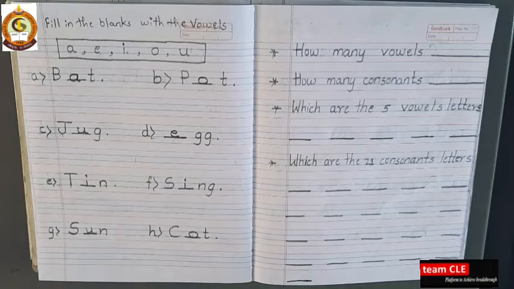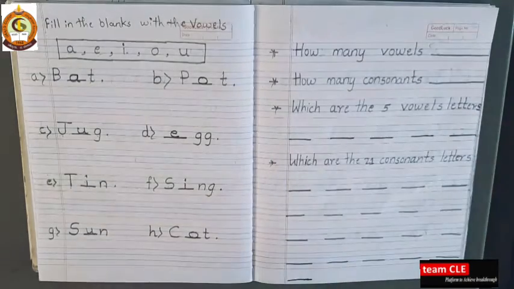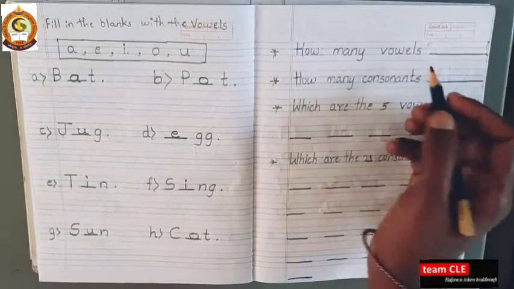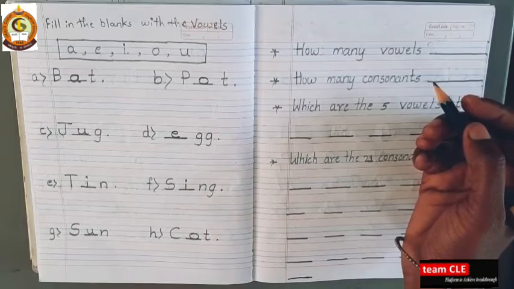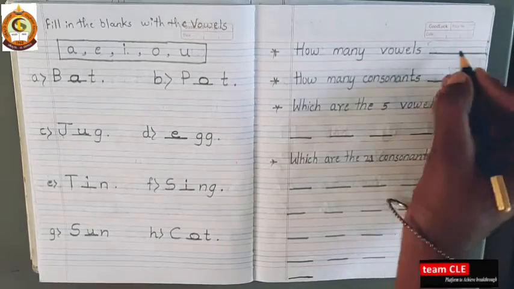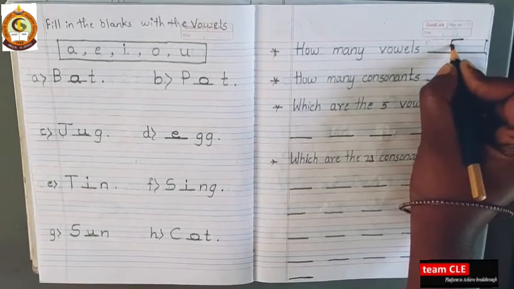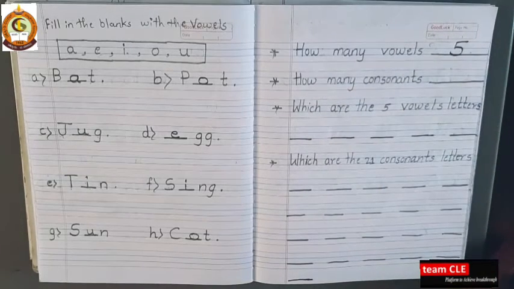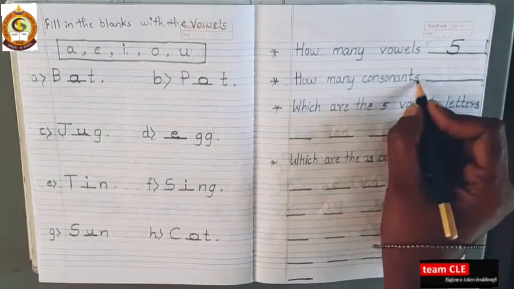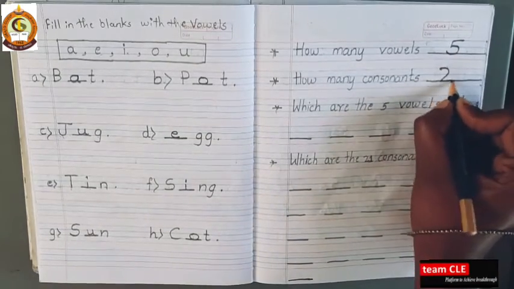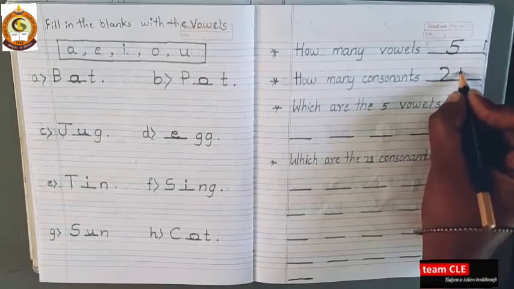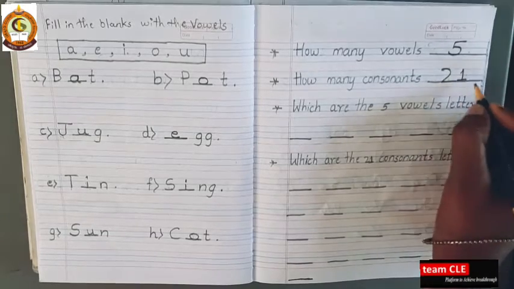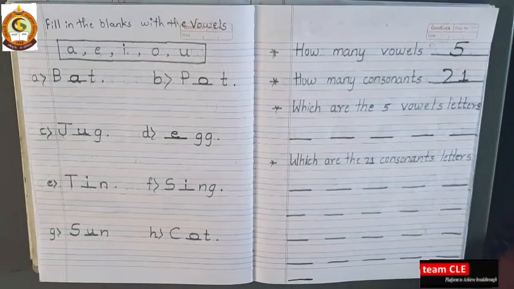Okay. So next here, how many vowels? Yes, very good, 5 vowels. So write it here, number 5. How many consonants? 21. So write 21.